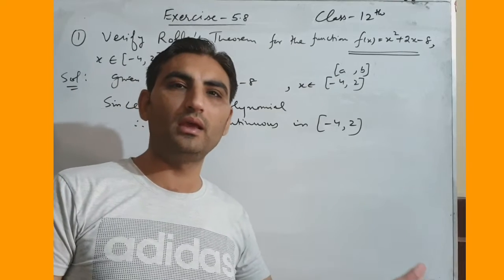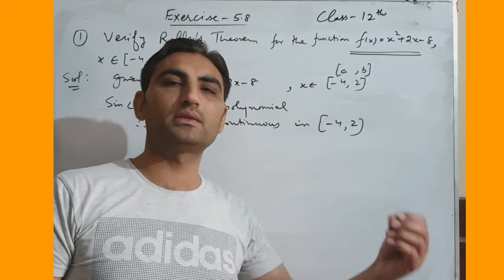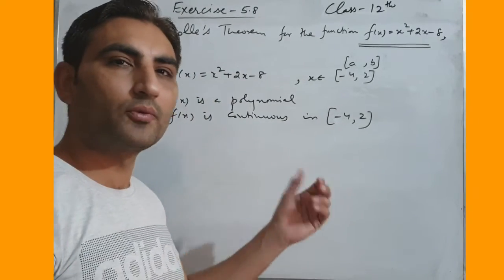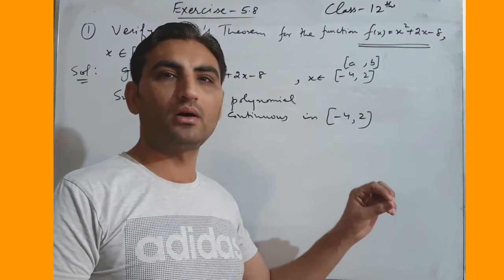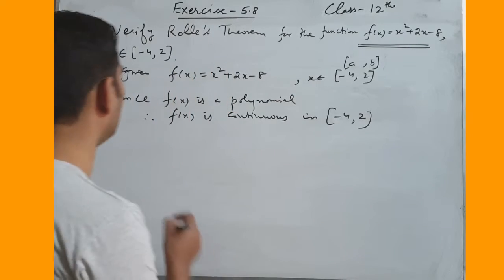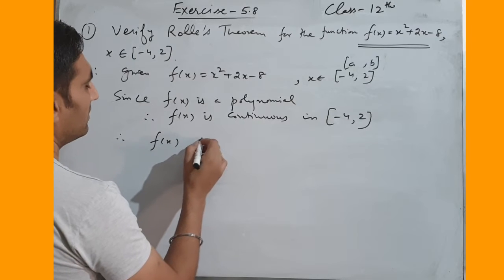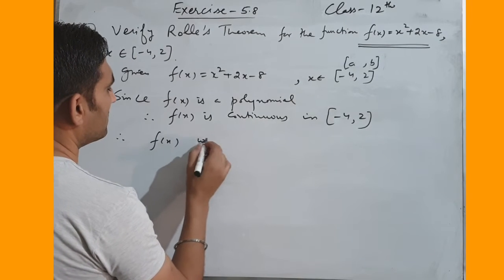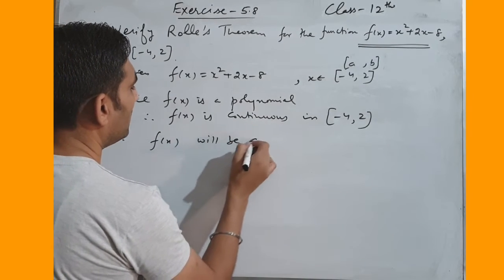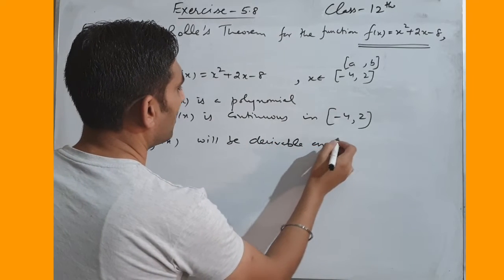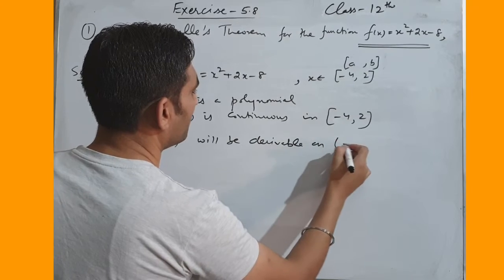Polynomials we can easily differentiate, meaning we can easily find their derivatives. So since it is a polynomial, therefore f(x) will be derivable on the open interval (minus 4, 2) also.